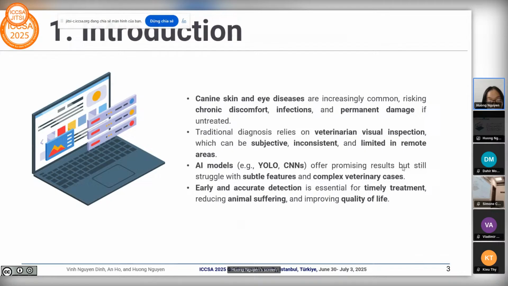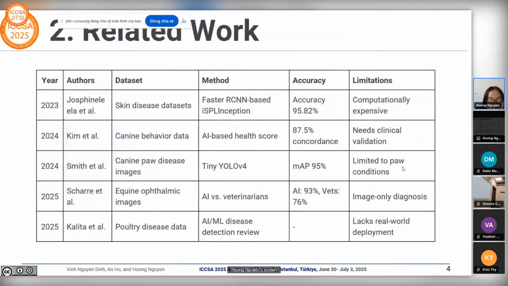Early and accurate detection is crucial for timely treatment, reducing suffering, and improving the overall quality of life for affected animals. And here's a quick summary of recent studies in animal disease diagnosis from 2020 to 2025. As we can see, models like CNN or Tiny YOLO version 4 reach really high accuracy, up to 95%, and it's impressive, but despite that, the field still has clear limitations.